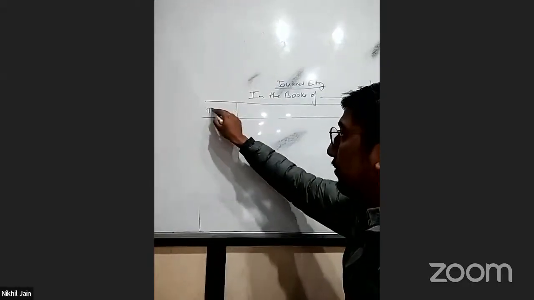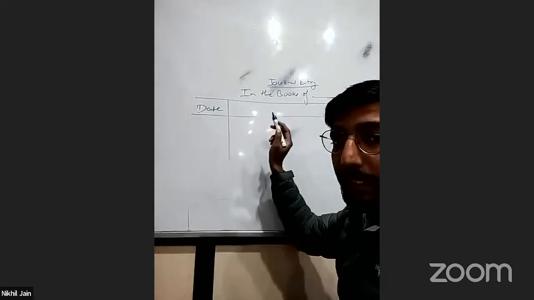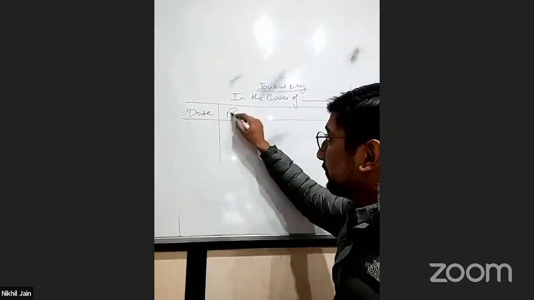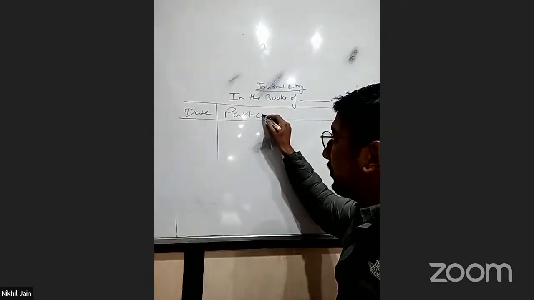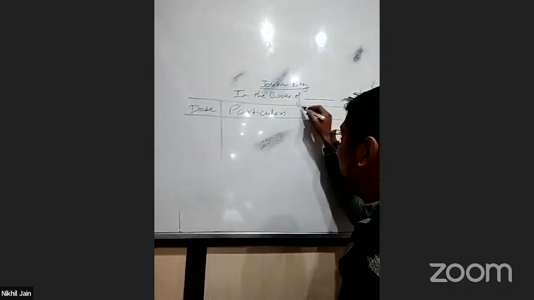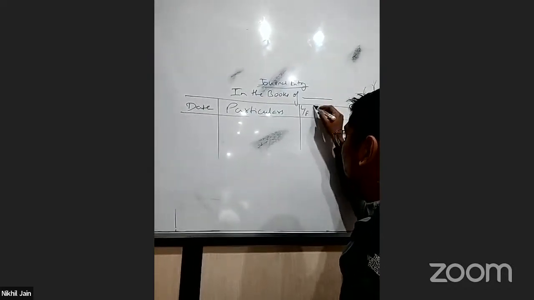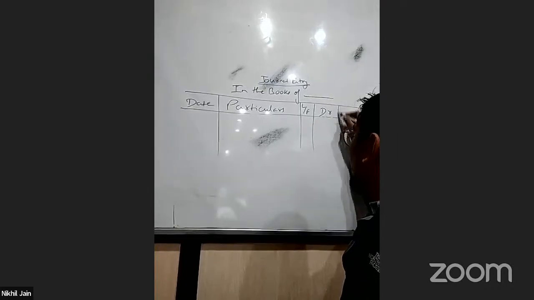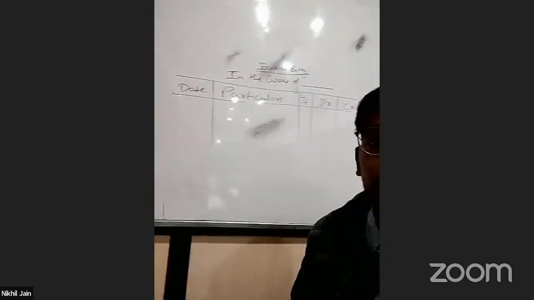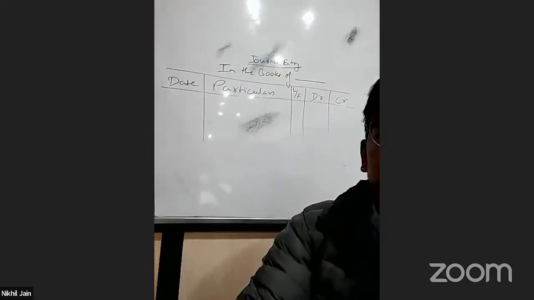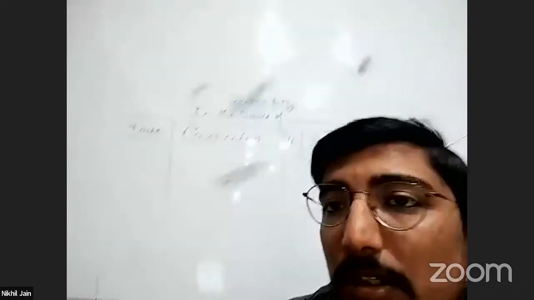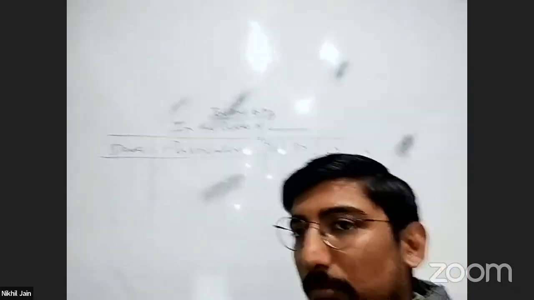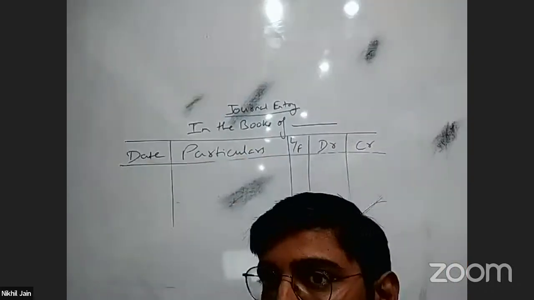The first column will be of date, then particulars, LF, debit amount, credit amount. See, date, particulars, LF, debit amount and credit amount. Okay. So basically, we have to make this format.